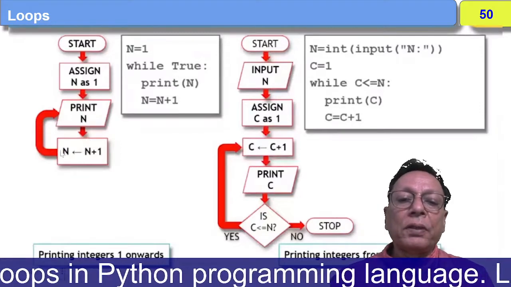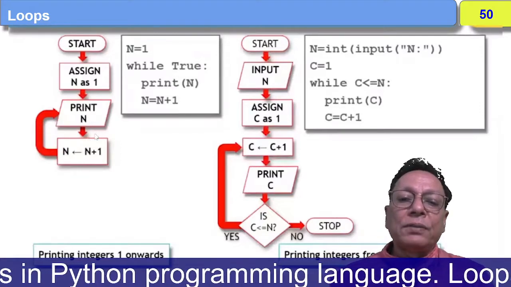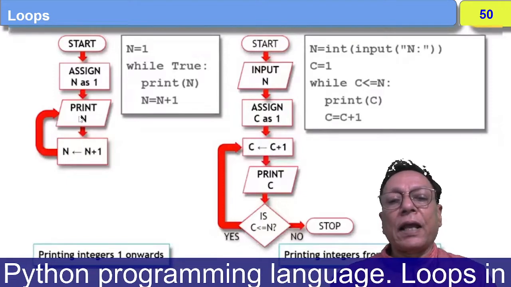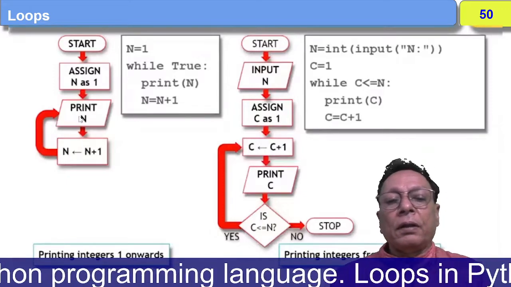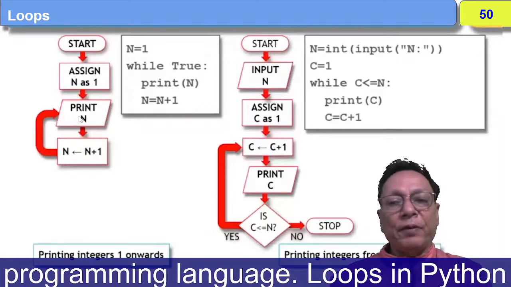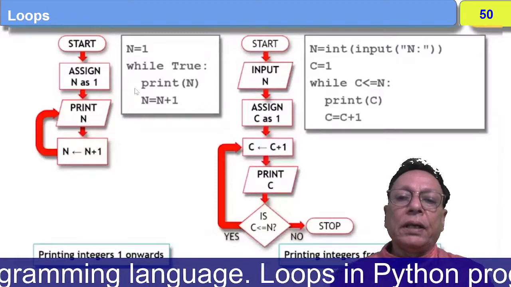So this is infinite number of times this printing takes place, and again the value of n is incremented by 1.